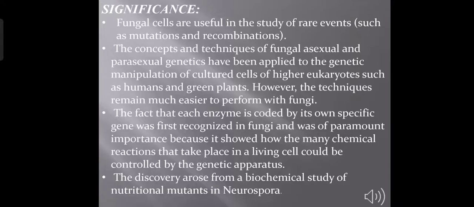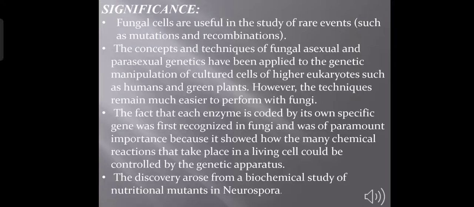Fungal cells are useful in the study of rare events such as mutations and recombinations. The concepts and techniques of fungal asexual and parasexual genetics have been applied to genetic manipulations of cultured cells of higher eukaryotes, that is, humans and green plants.